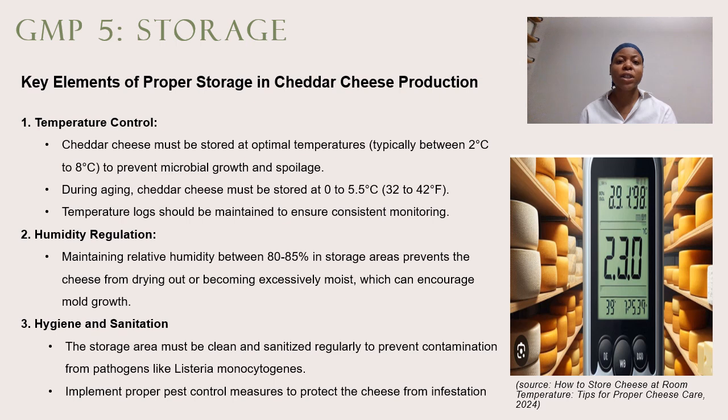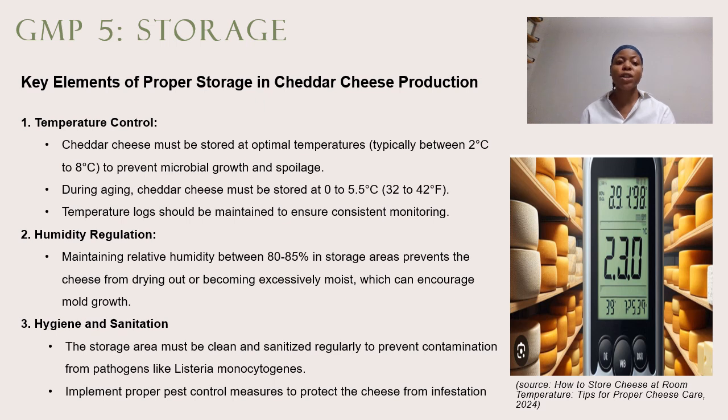Also, during aging, it is essential to maintain the temperature of cheddar cheese between 0 to 5.5 degrees Celsius. And lastly, it is also essential to keep logs of these temperatures so that the next worker or quality assurance officer has access to them in order to take the necessary steps to maintain the optimal storage of this cheddar cheese.